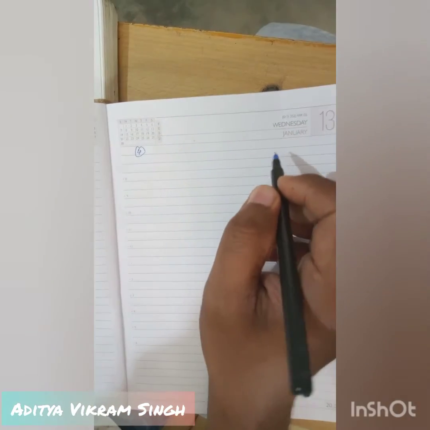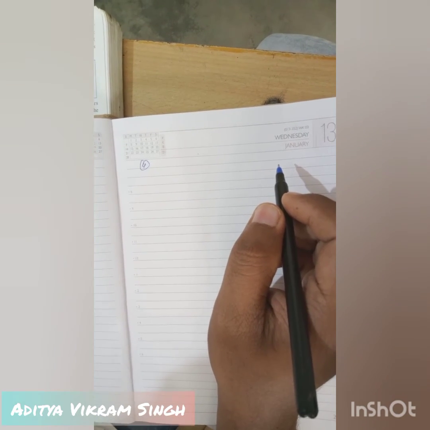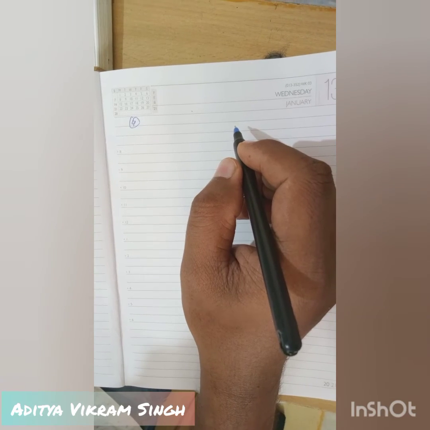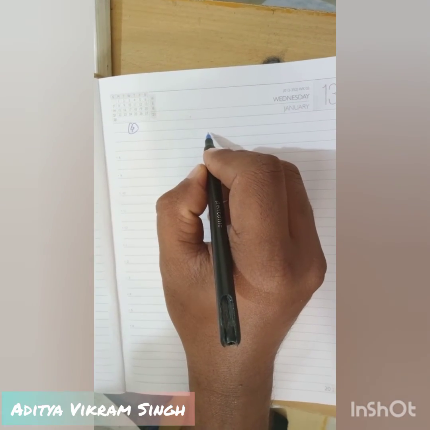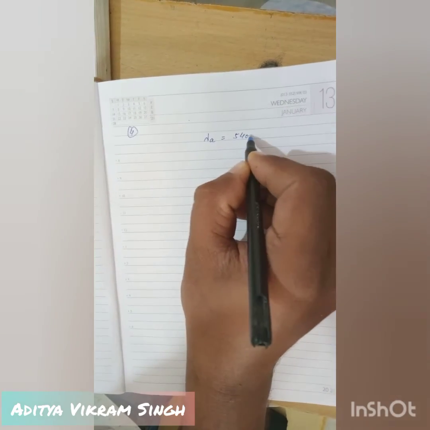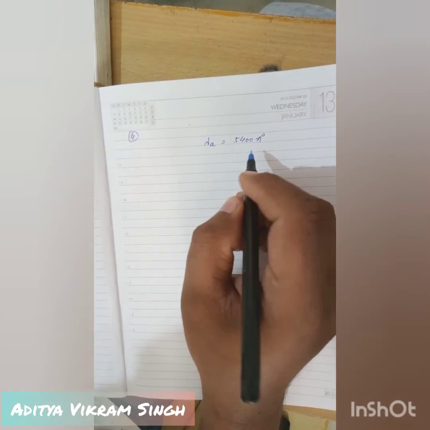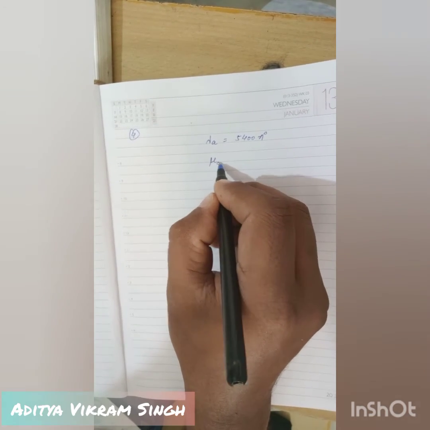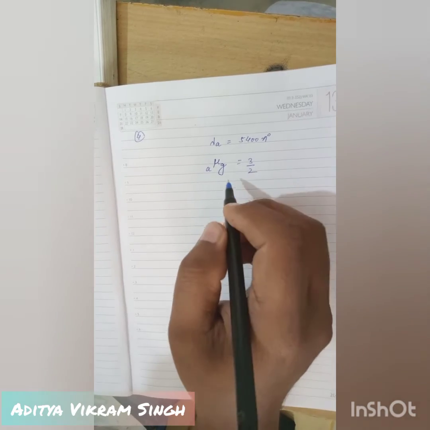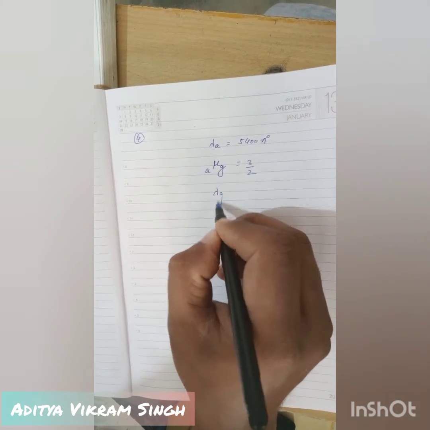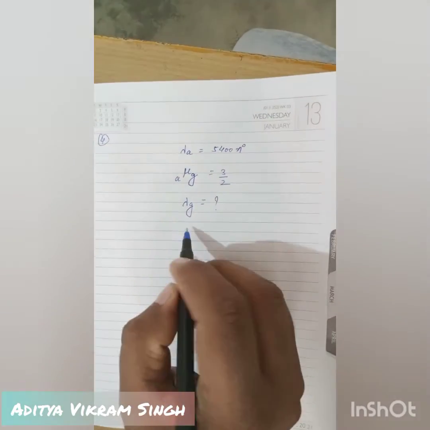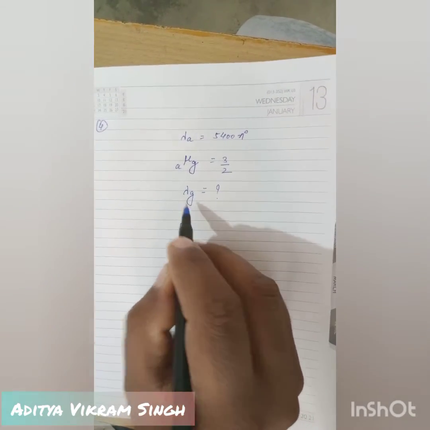In question number 4, it is mentioned that a ray of light of wavelength 5400 angstrom suffers refraction from air to glass. So the wavelength of light in air is 5400 angstrom. Okay, and refractive index of glass with respect to air is 3/2. Then what we have to find is the wavelength of glass.